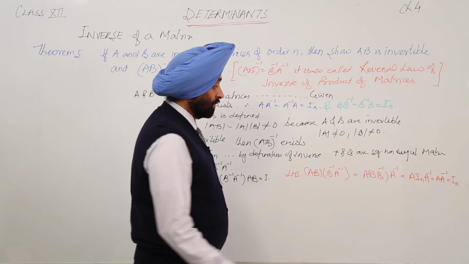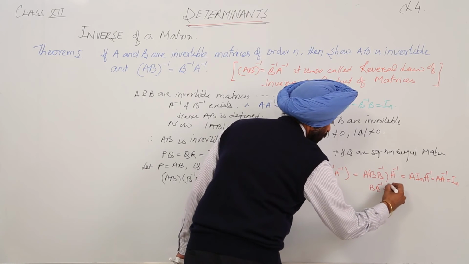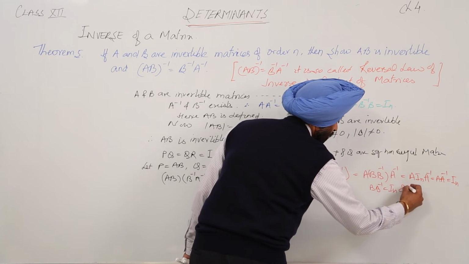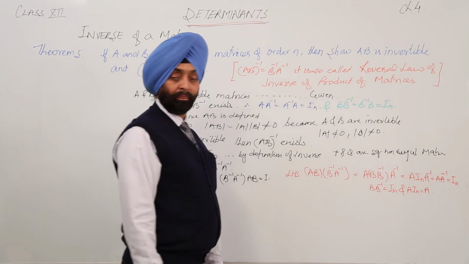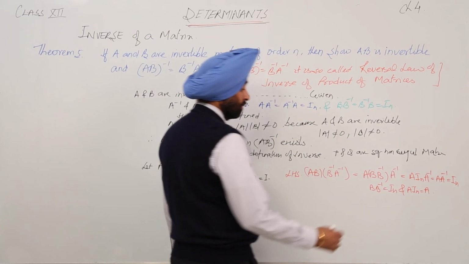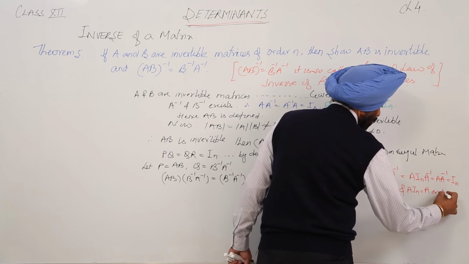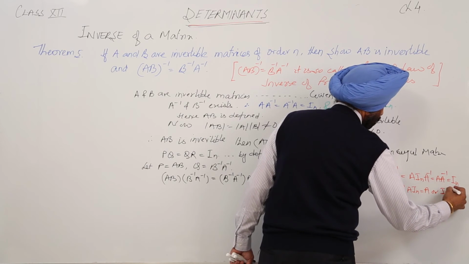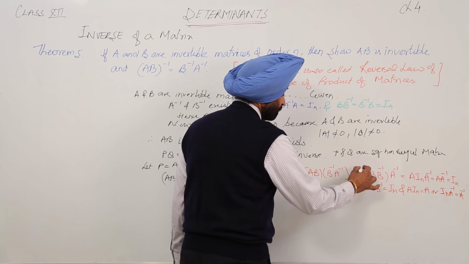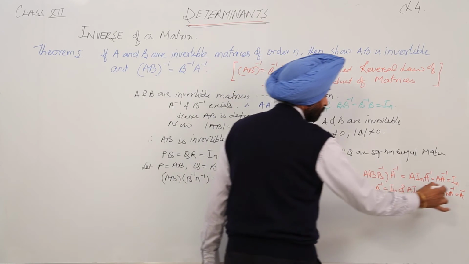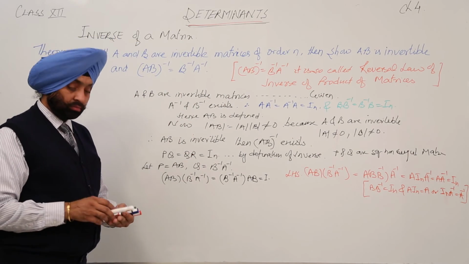Now what conditions have we used? B B inverse is equal to IN and A IN is equal to A, or you can say IN with A inverse is equal to A inverse. So we have used these things. So left hand side is equal to IN.